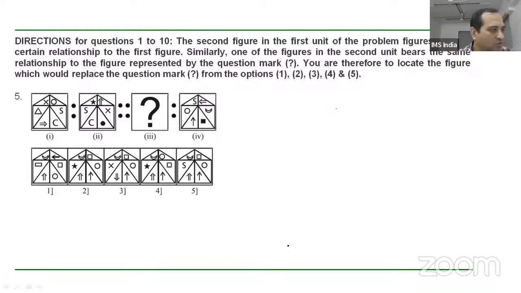Vaishnavi, no. Sakshi, no. Correct. Vaishnavi, now you got it right. Sharvari, you're also right. Good.